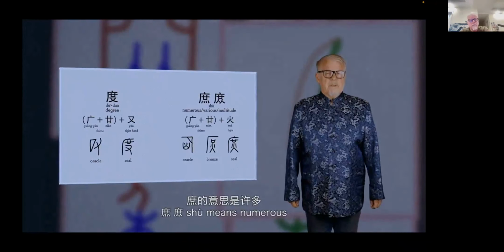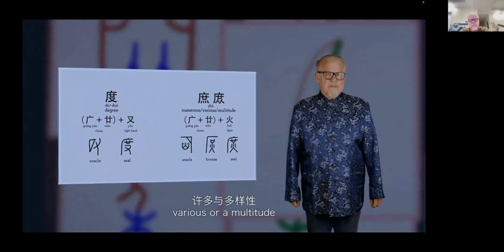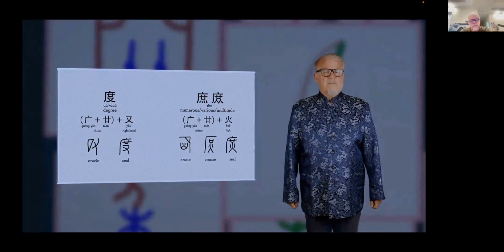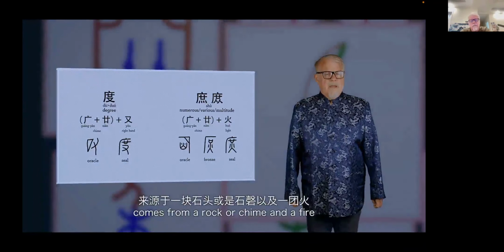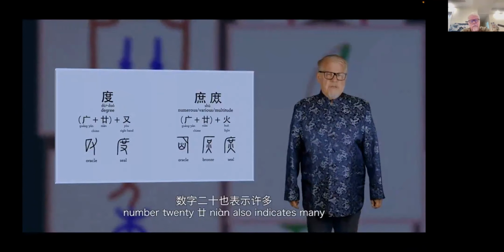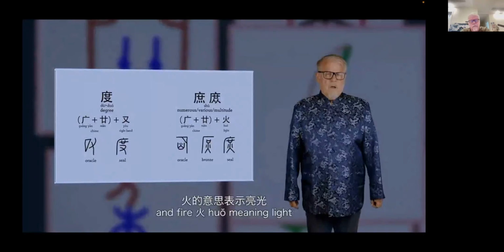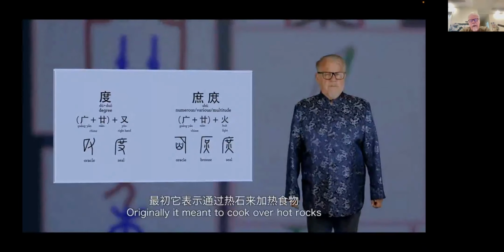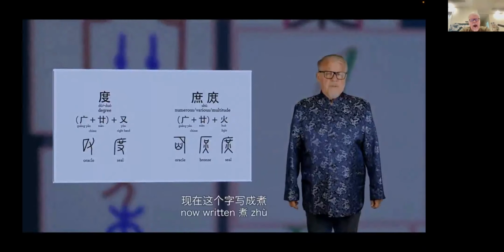Shu means numerous, various, or a multitude. We can see the oracle character comes from a rock or chime and a fire. The number 20, nian, also indicates many, and fire, huo, meaning light. Originally it meant to cook over hot rocks, now written ju.